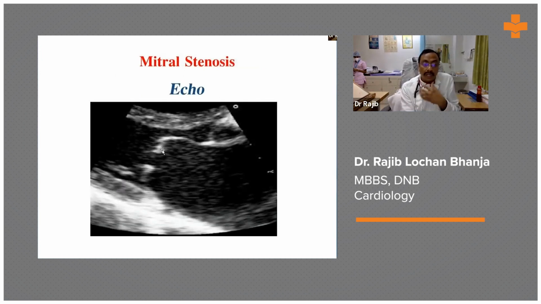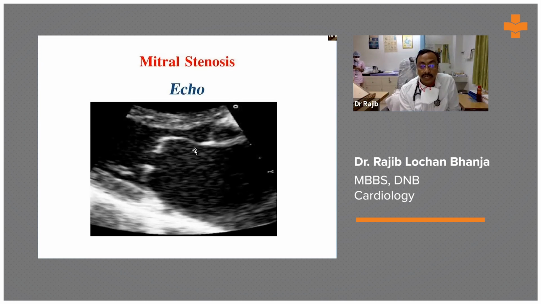Then we have to know how the valve is, whether it is mobile or not, whether it is mild, moderate, or severe mitral stenosis, and whether there is an LA clot or LA appendage clot. We also check for associated abnormalities like mitral regurgitation or other valvular regurgitation, other valvular involvement, how the right side of the heart is involved, and how much the pulmonary artery pressure is increased.